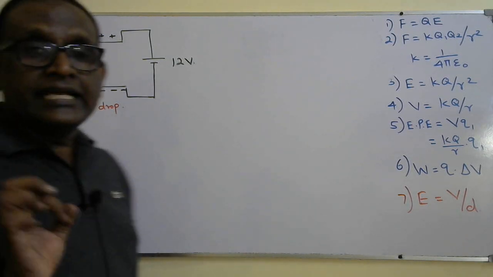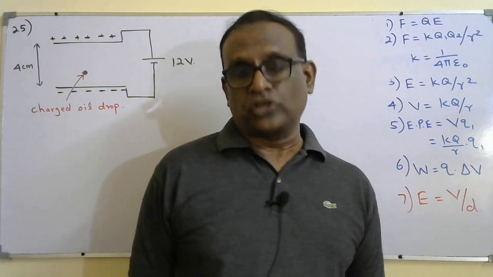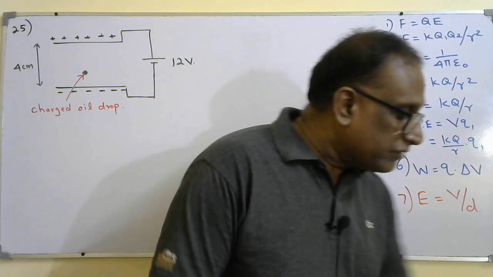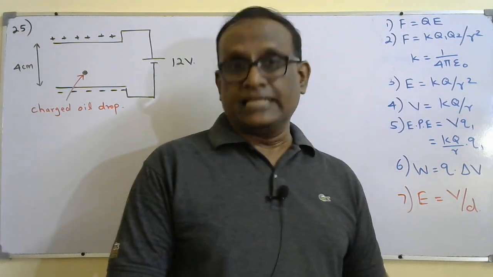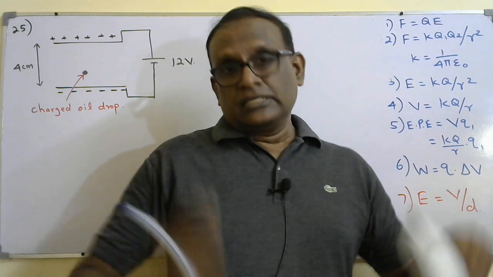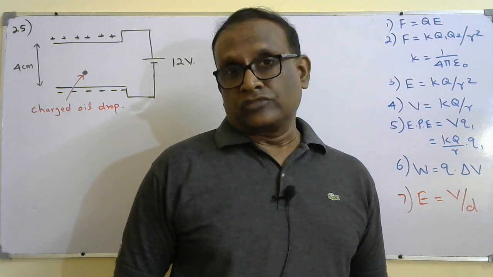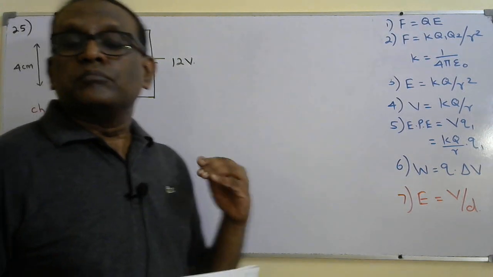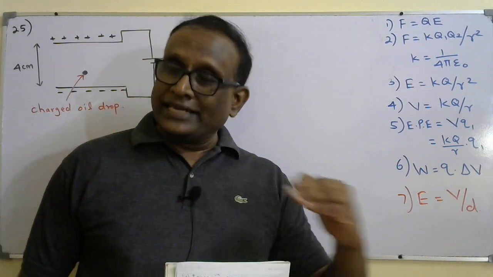So here we must consider the weight of the oil drop, because if we don't, and the only force acting on it is the electrostatic force, the oil drop will move along the direction of the electrostatic force. So here we should consider the weight of the oil drop.